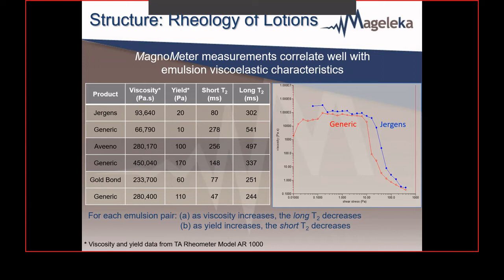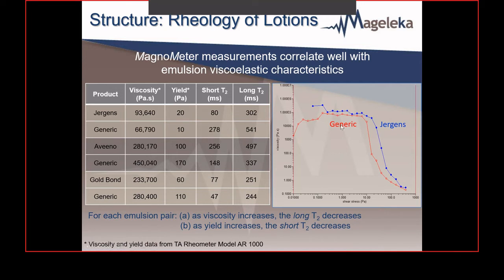They'll contain different ingredients, different composition, maybe even different processing, but they're marketed to customers providing distinctive tactile sensory attributes. The rheological characteristics, viscosity and yield stress, were measured for all 6 cosmetic lotions. I used, for anyone who's interested, a TA rheometer model AR1000. You could use any one there. And I'm just showing you a representative plot for the first lot, the Jergens and the generic data here itself.